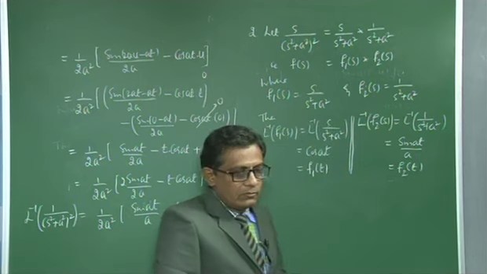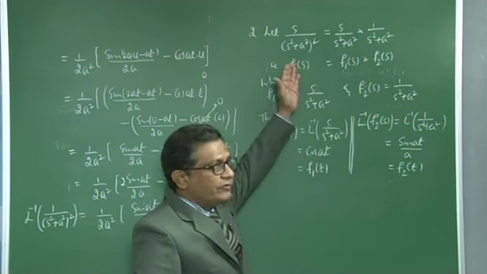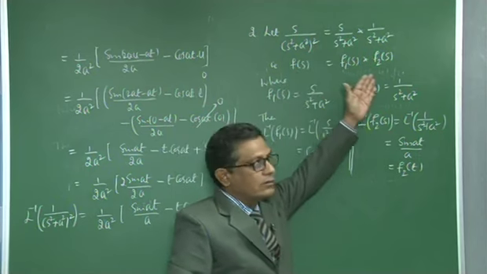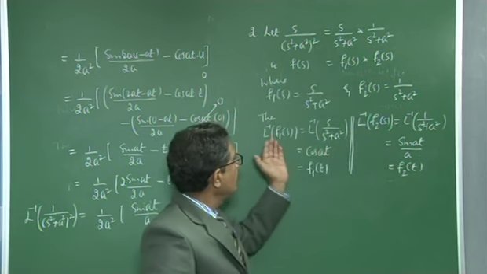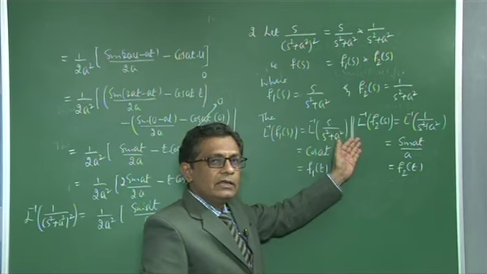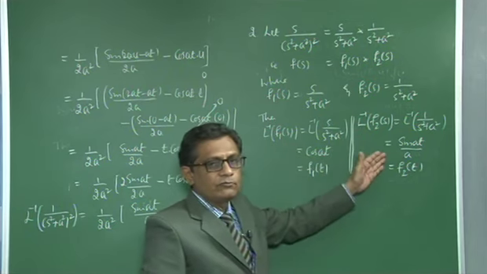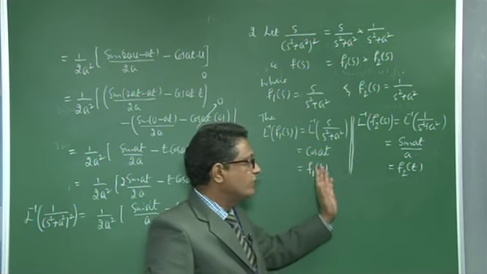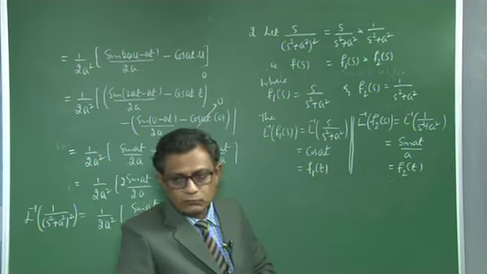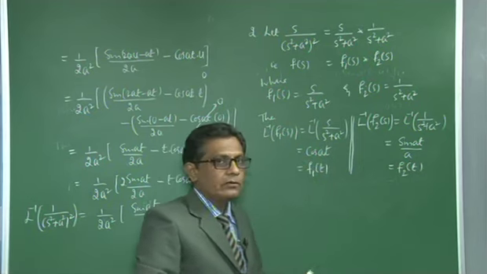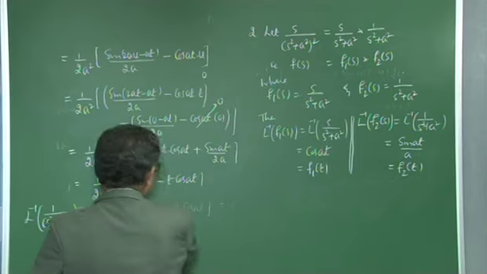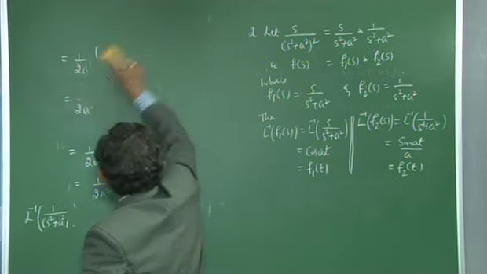Now we have expressed the given function f(s) as a product of two functions, and also we got the inverse Laplace transform for both the functions. Now you can use the convolution theorem formula.